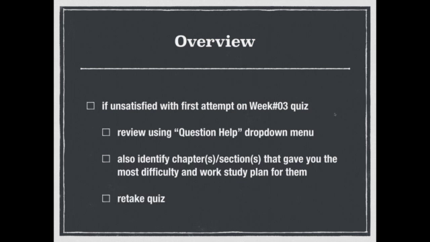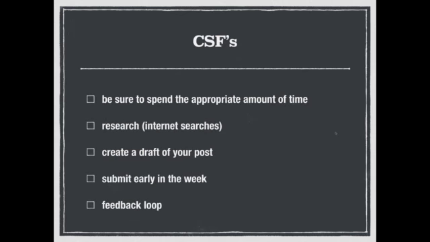Also, I recommend that if you particularly struggled, when reviewing the questions that you got wrong, you make a note of any patterns that are occurring with respect to the questions that you got wrong. So you might identify a particular section in Chapter 5 that was particularly problematic to you. And then I would recommend that you use the study plan for that particular section in Chapter 5 and then retake the quiz, and hopefully you'll improve your knowledge and your performance.